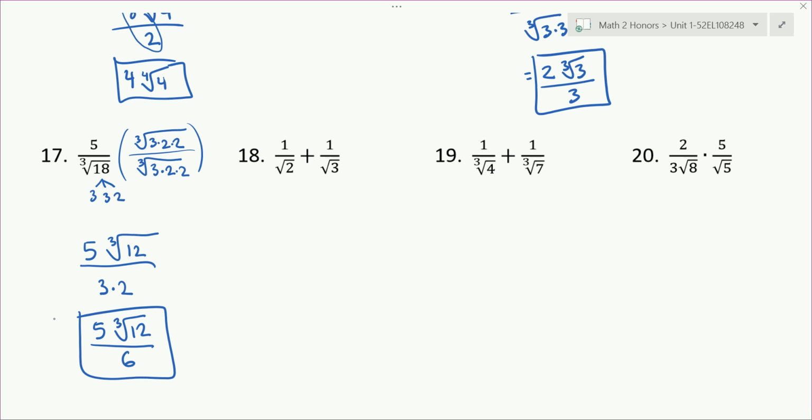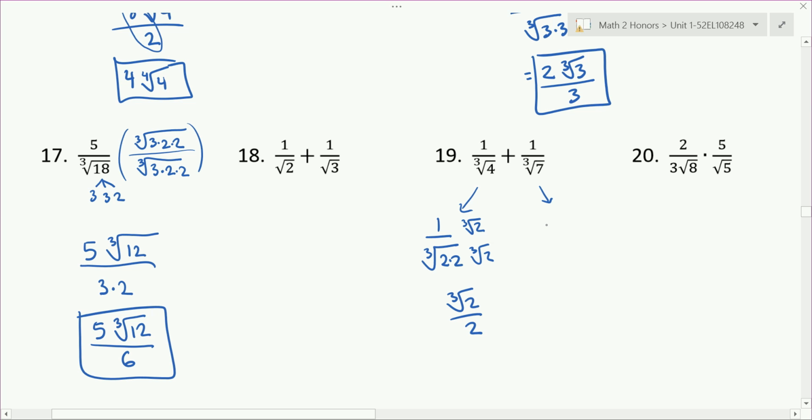Number 19, simplify each individually first. Okay, so the first one, 1 over cube root of 4, what's cube root of 2 times 2. I need to multiply top and bottom by cube root of 2. And I end up with the cube root of 2 over 2.